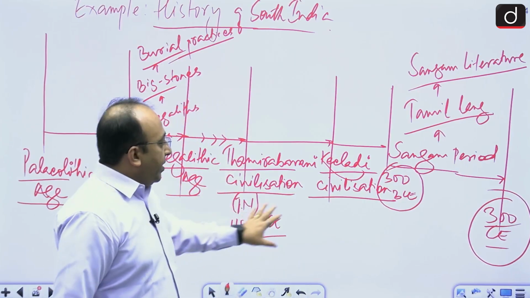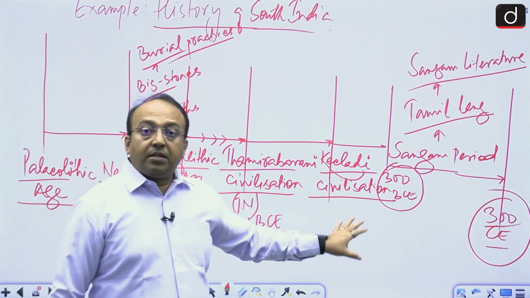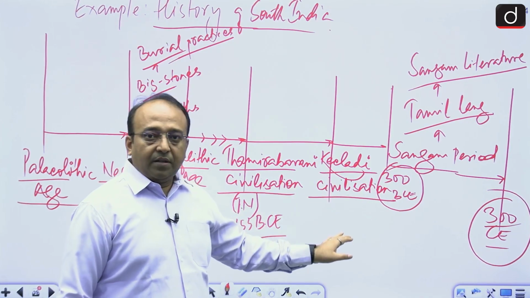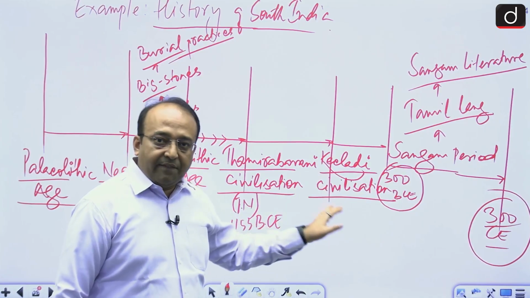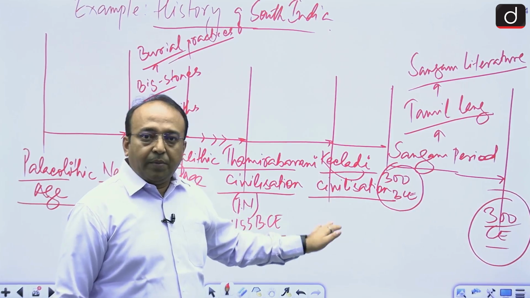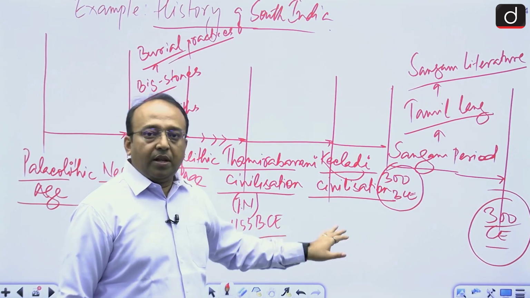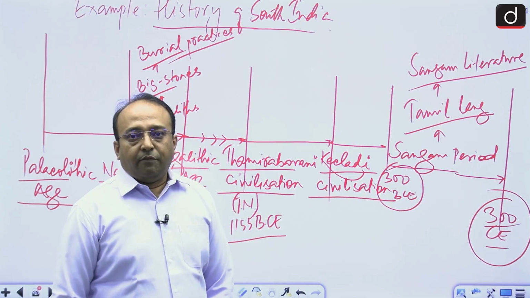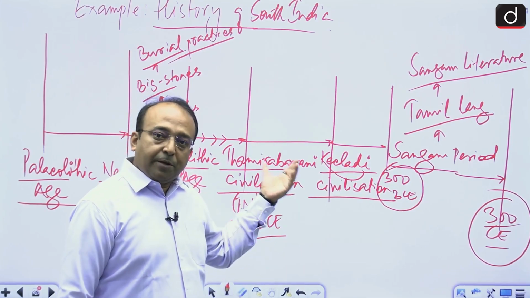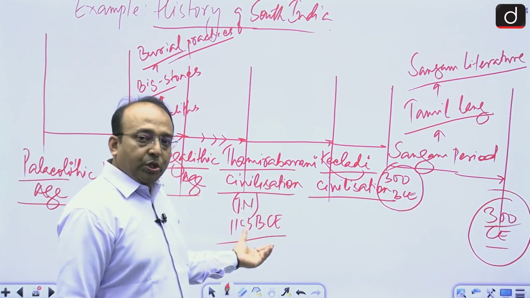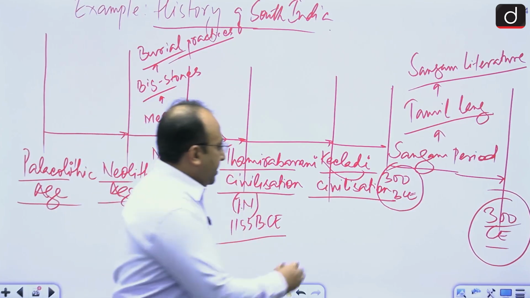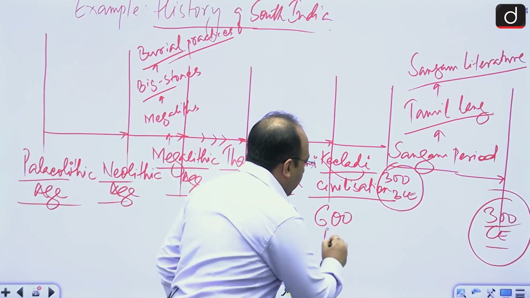Thamirabarni and Kiladi civilizations were in current affairs news because these two civilizations have recently been excavated by the ASI and the government of Tamil Nadu in today's Tamil Nadu itself. Fine, and they claim that they already had an ancient civilization in the past as well, belonging to around 1155 BCE, called Thamirabarni, and 600 BCE, called the Kiladi civilization.